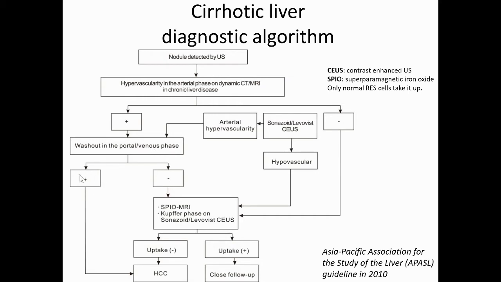And again, if there is washout, then that's diagnostic for an HCC. If there is no washout, but the nodule is hypervascular, then clinical suspicion is still going to be high for malignancy. So we will have to do further imaging.